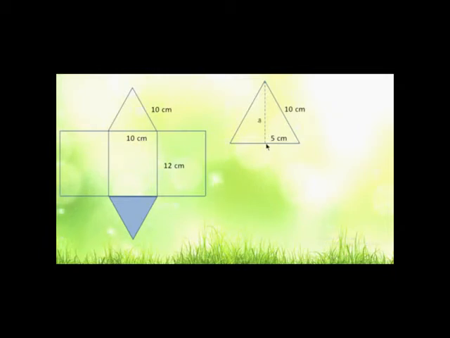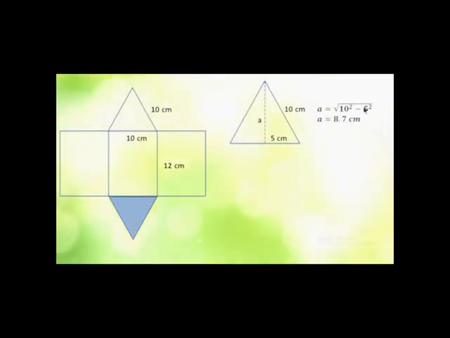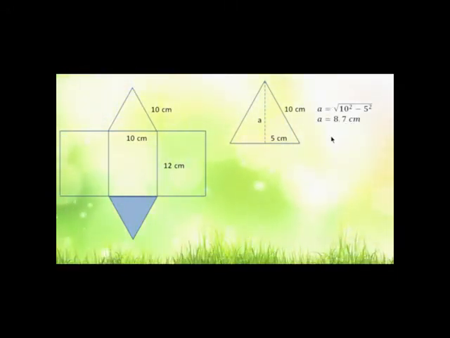Let's say the height is A. So this is 5 because this is half of this side. So in order to find A, we use the Pythagoras theorem, which means A equals the square root of 10 squared minus 5 squared, equal to 8.7 centimeters. You can check this number with your calculator.